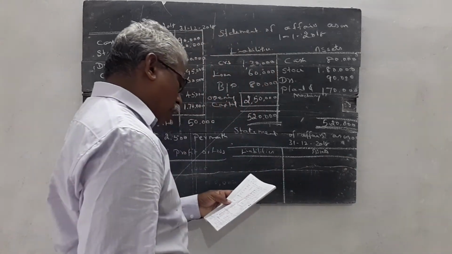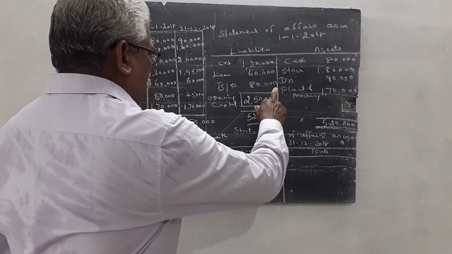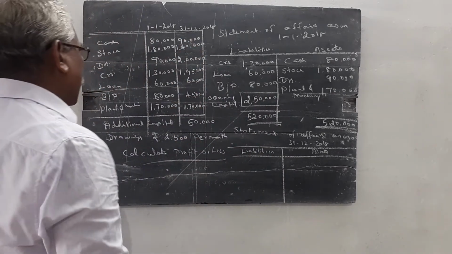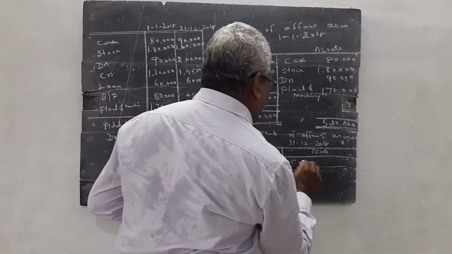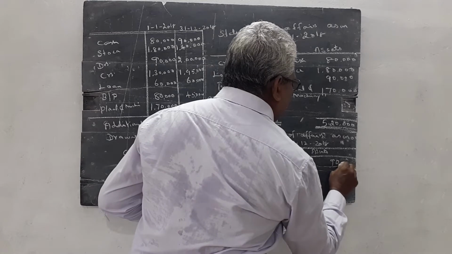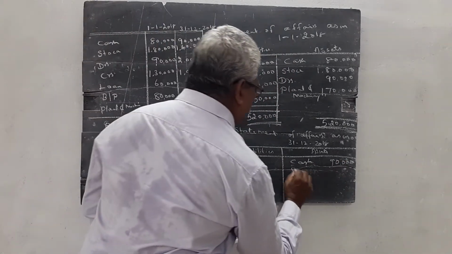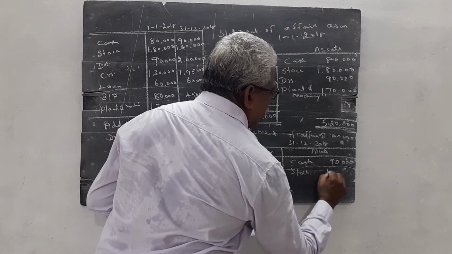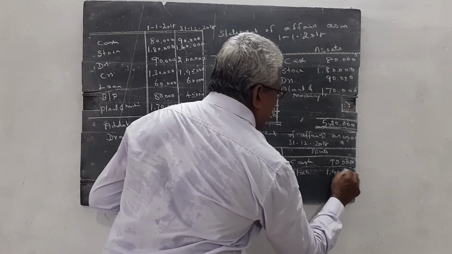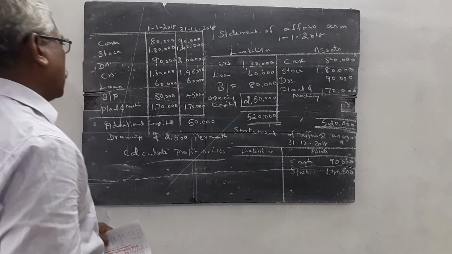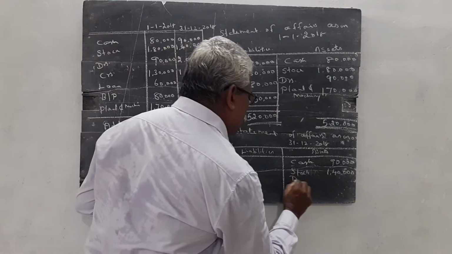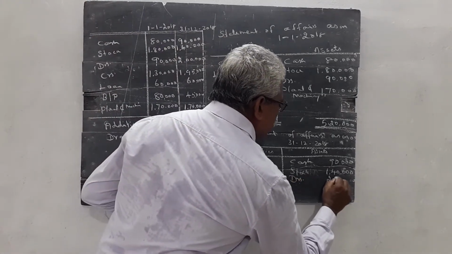Assets are entered one by one. The same thing, but this column's amount is taken into account. Cash 90,000. Then stock 1,40,000. Then debtors 2 lakhs.